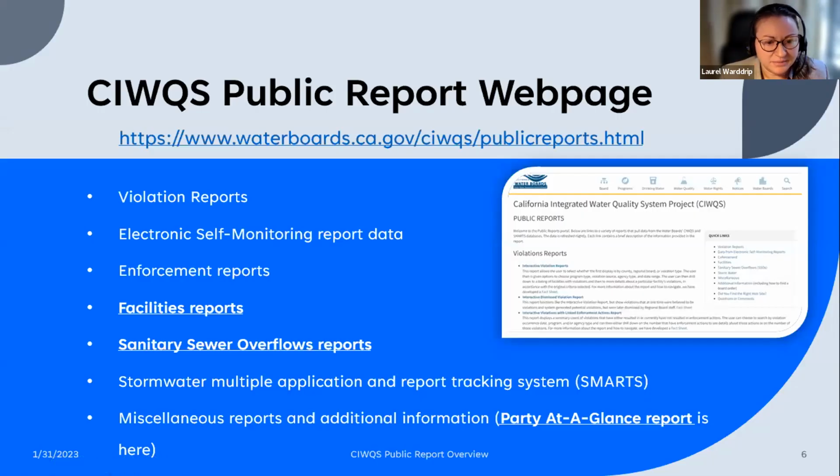Okay, so the next thing, we're going to dive a little bit farther into that homepage for CIWQS. Like I said, there's a lot of different reports that are publicly available for the information in CIWQS, and CIWQS doesn't have everything for the WDR program, but it has a good start.